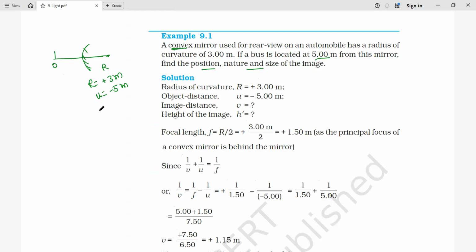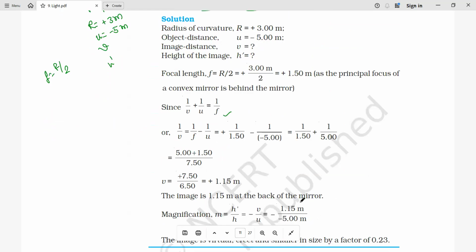Position means we have to find v, and we have to find the height of the image. We have the relation f equal to R upon 2, so the focal length is obtained here. Finally, in the mirror formula, all values are substituted with sign consideration. So finally you will get the v value, which is 1.15. It is positive, which means the image is virtual.